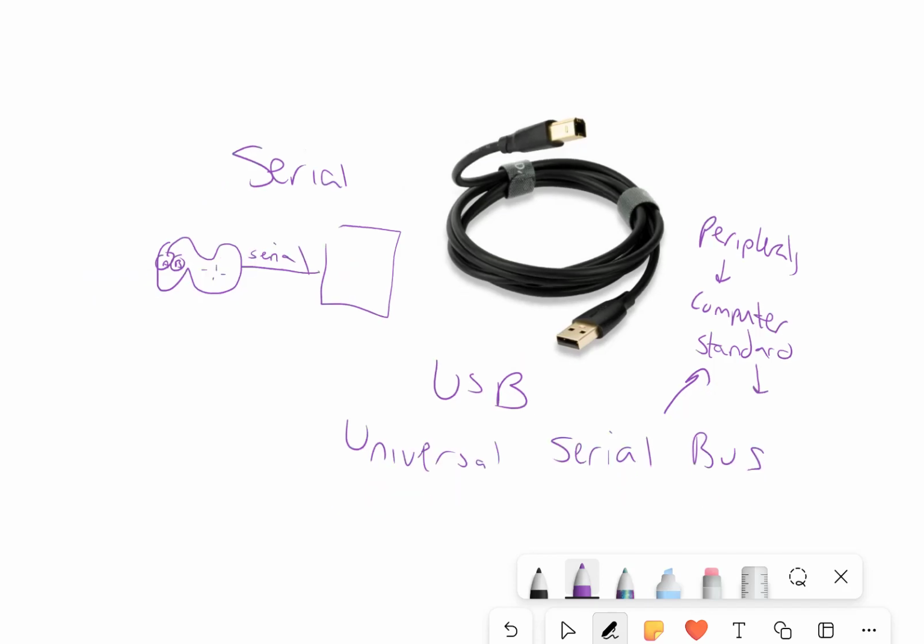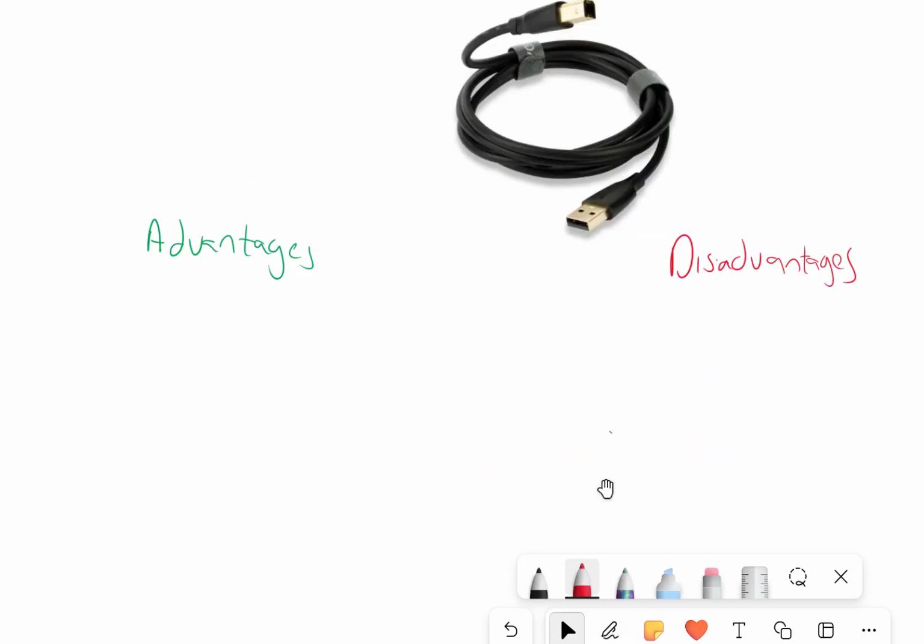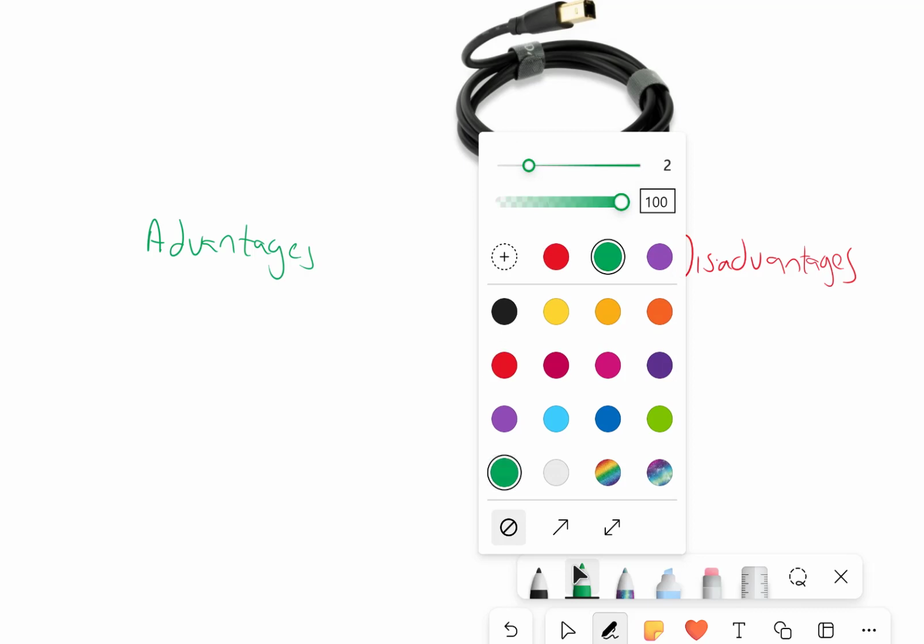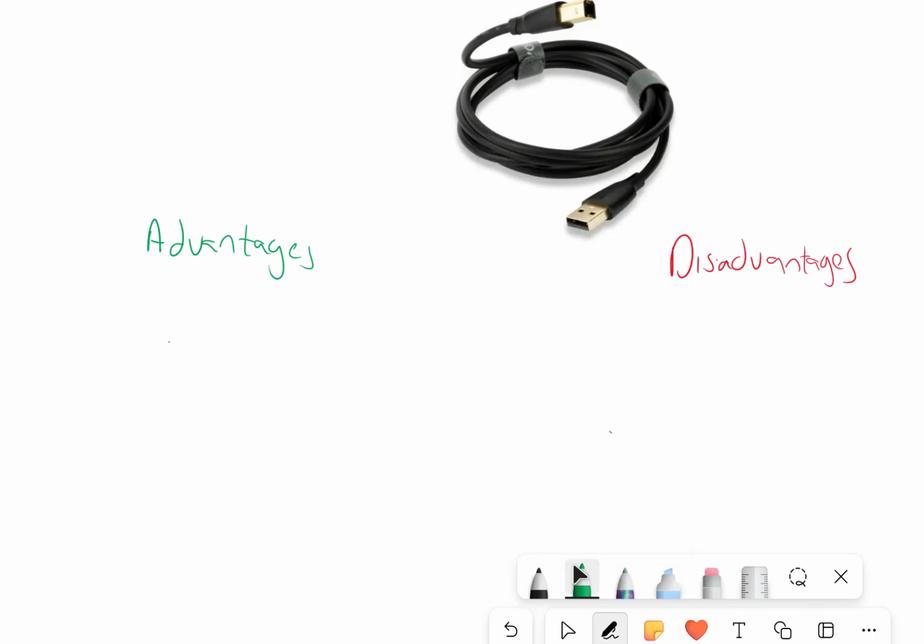What we're going to be looking at now are the advantages and disadvantages of using a USB cable. So we're going to look at an advantage to begin with, and that is, as soon as I plug this USB into my computer, whatever it's connected to, let's say it's a keyboard, the device is automatically detected by my computer and configured.